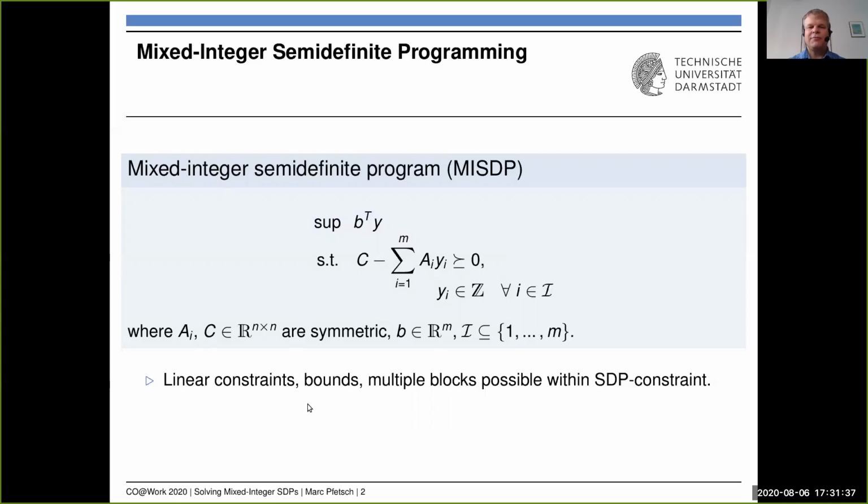In particular, we can include linear constraints and bounds on the variables, and also multiple blocks of such SDP constraints into this form, and you will see some examples later. And the whole talk is about how such problems can be more or less efficiently solved.